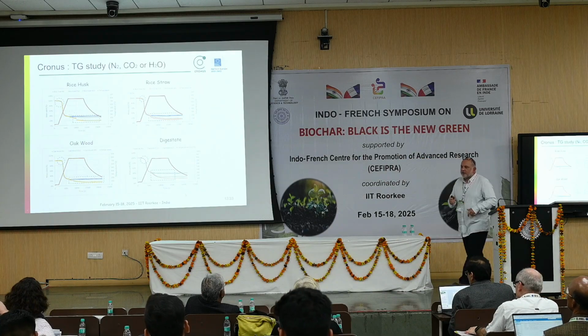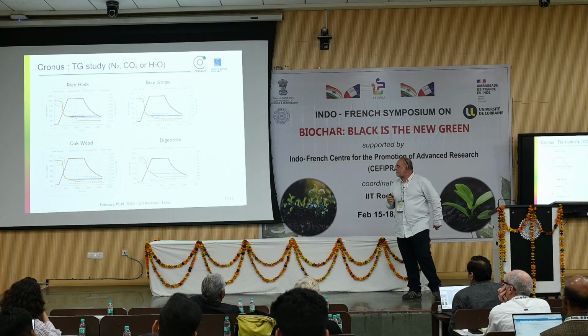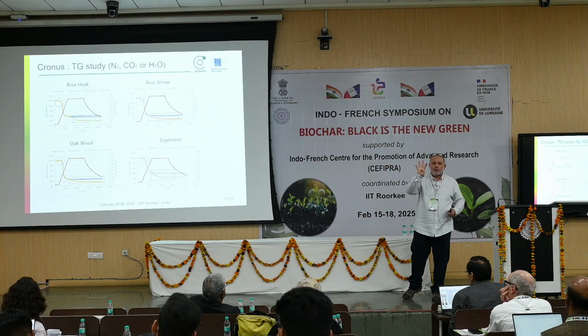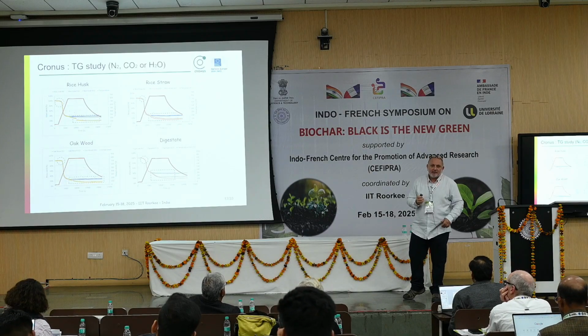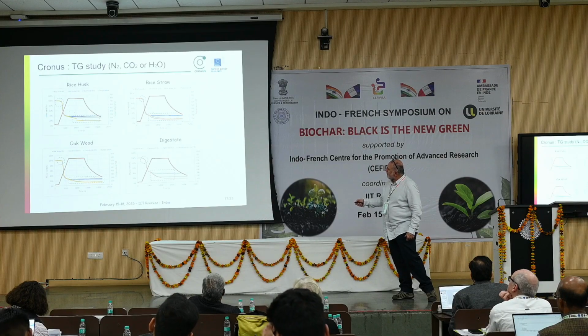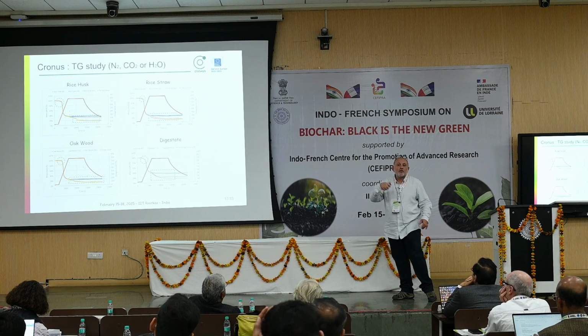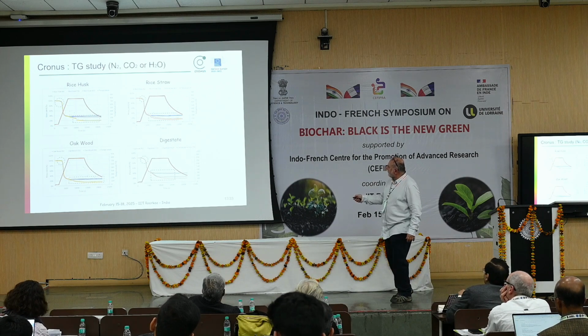Here are some results about the small scale, on the thermogravimetric scale. We have decided to work with 4 main biomasses or resources, which are rice husk, rice straw, oak wood, because it's used as a residue in France for the charcoal production, and the digestate, which are here.